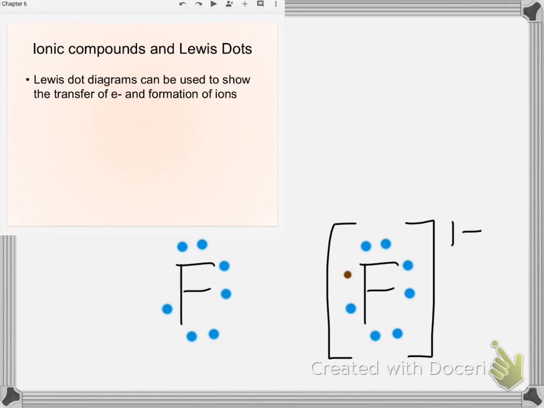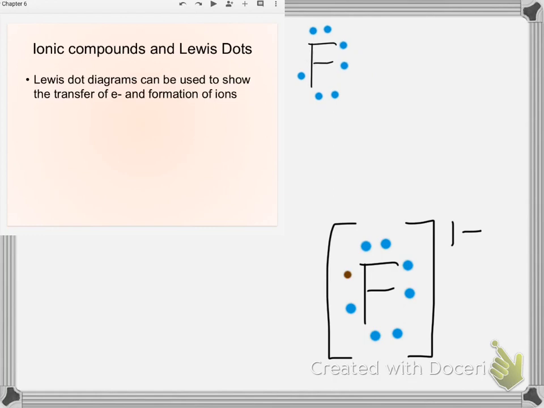And whenever we show something with a charge, we have to put it in brackets, and we have to put the charge outside the brackets. That's going to become really important when we start doing polyatomic ions. So we can show the fact that fluoride has a 1- charge. Let's do sodium fluoride.